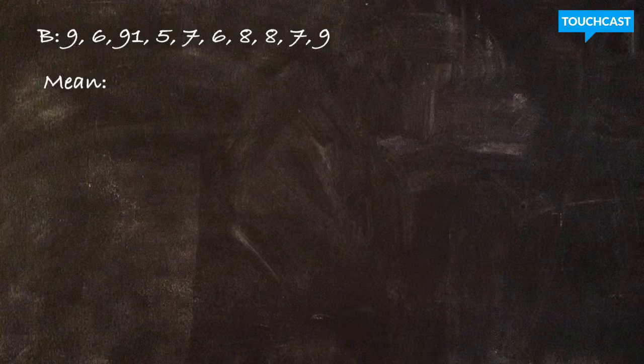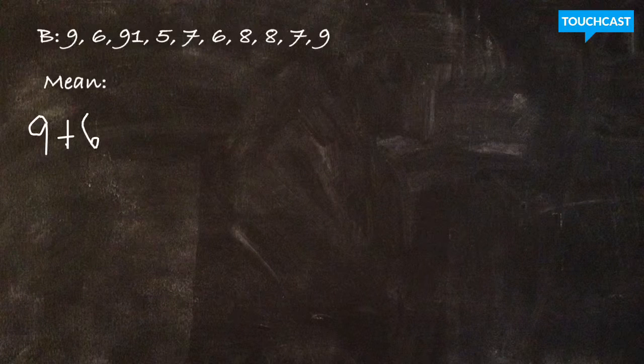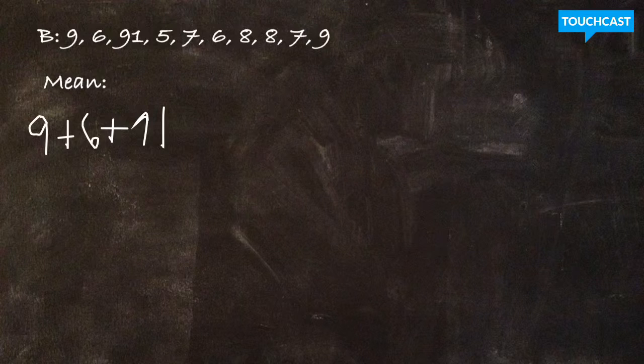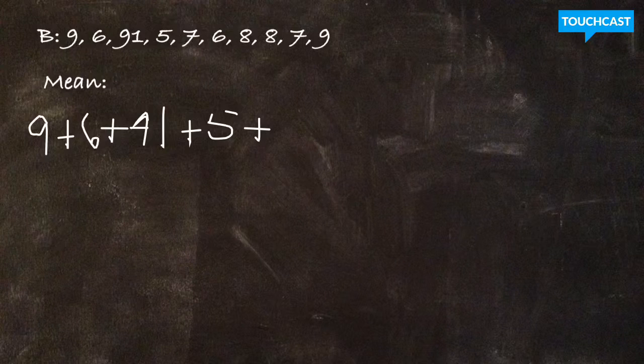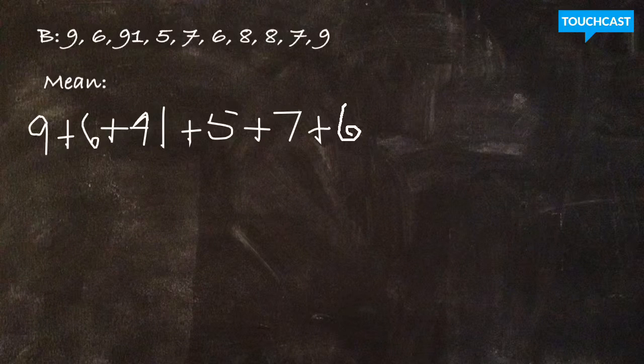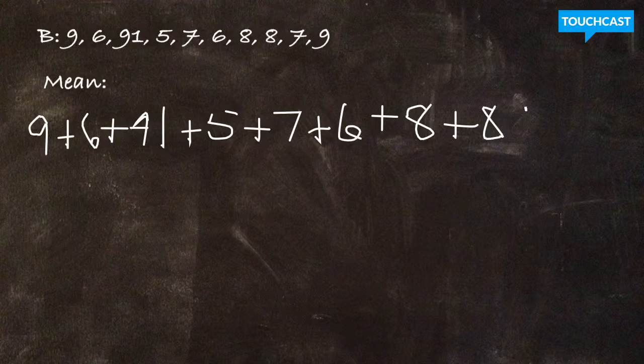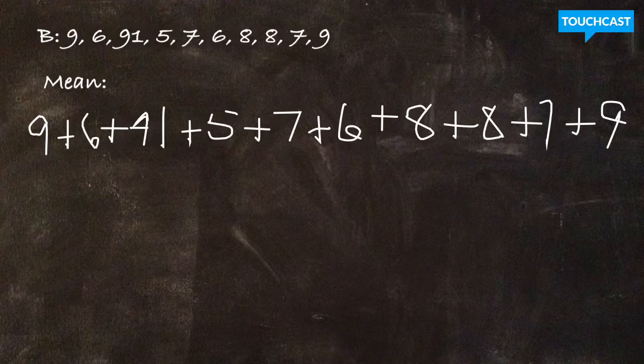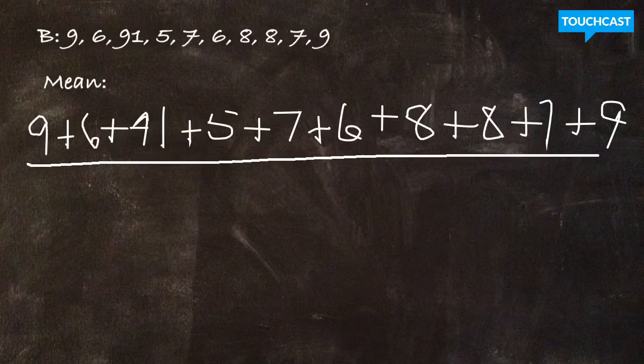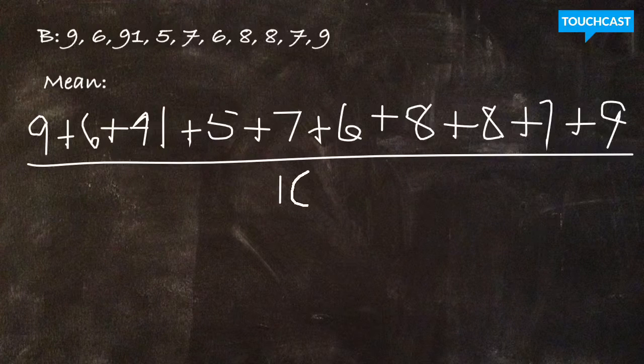We're going to add all of those numbers up: 9 plus 6 plus 91 plus 5 plus 7 plus 6 plus 8 plus 8 plus 7 plus 9. And then we're going to divide that by how many numbers there are total, and this time there are 10 numbers.